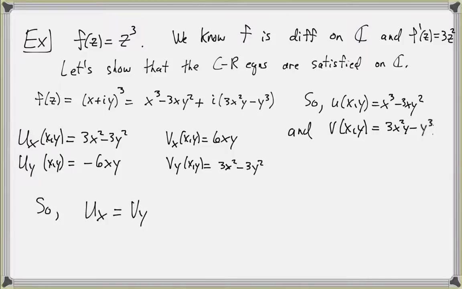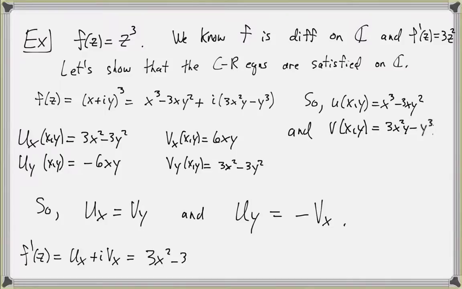So from these calculations, we see that the derivative of u with respect to x equals the derivative of v with respect to y, and the derivative of u with respect to y equals the negative of the derivative of v with respect to x. And to demonstrate the formula for the derivative of z, I'm going to write f prime of z as the derivative of u with respect to x plus I times the derivative of v with respect to x, and this will equal 3x squared minus 3y squared plus I times 6xy.